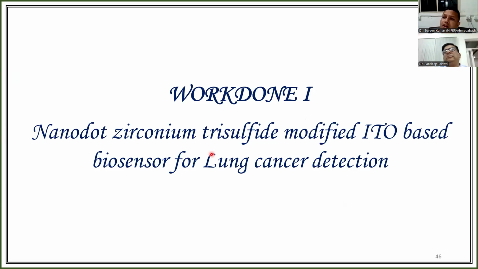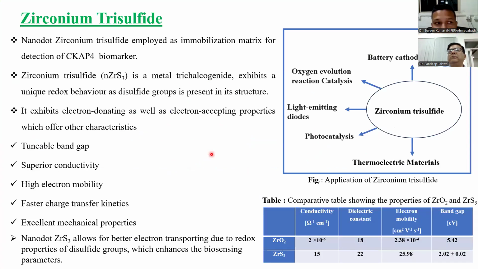On the basis of this, we have selected some chalcogenide molecules. So: nanodot zirconium trisulfide modified ITO based biosensor for lung cancer detection. Properties such as tunable band gap, superior conductivity, high electron mobility, and faster charge transfer kinetics make zirconium trisulfide a good immobilization matrix for the development of an electrochemical biosensor.